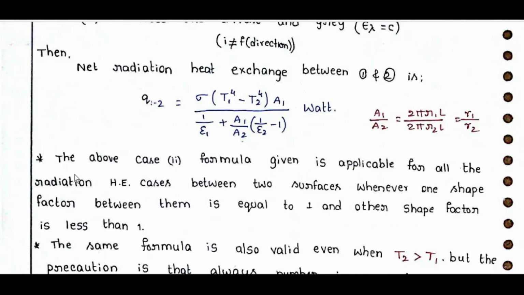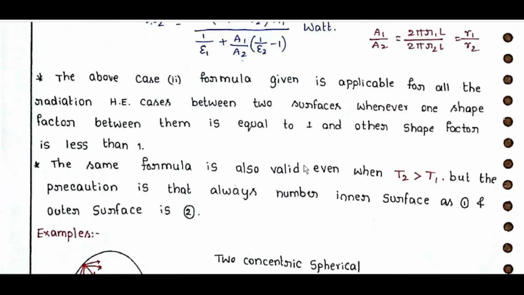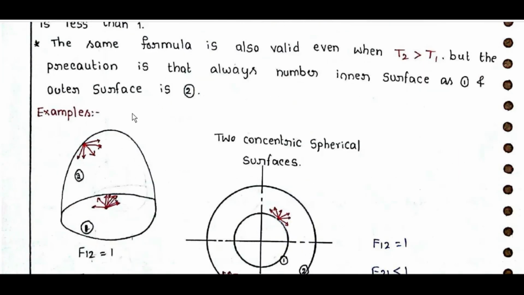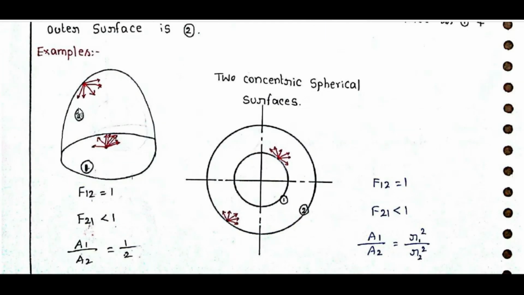The above case 2 formula is applicable for all radiation heat exchange cases between two surfaces whenever one shape factor between them is equal to 1 and the other shape factor is less than 1. The same formula is also valid when T2 is greater than T1, but the precaution is to always number the inner surface as 1 and the outer surface as 2.